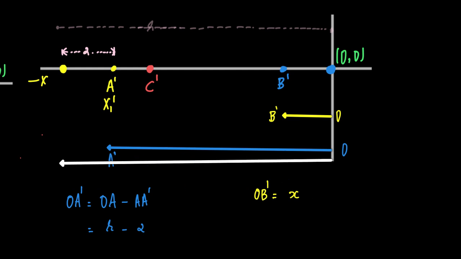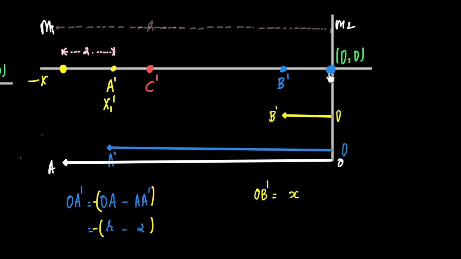So this complete length is OA, right? So OA minus AA dash will give you OA dash. What is the measure of OA? Is the initial distance between M1 and M2, which is equal to R. And what is AA dash? AA dash is 2. So what we get is R minus 2. But since this is along the negative x-axis, we'll have to take the coordinate as minus R minus 2.